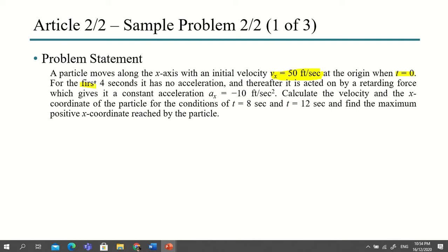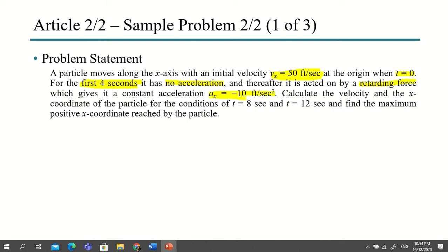Then for the first 4 seconds it has no acceleration. Okay, so there was no change in the velocity, and thereafter it is acted on by a retarding force, which gives it a constant acceleration a sub x of negative 10 feet per second squared.